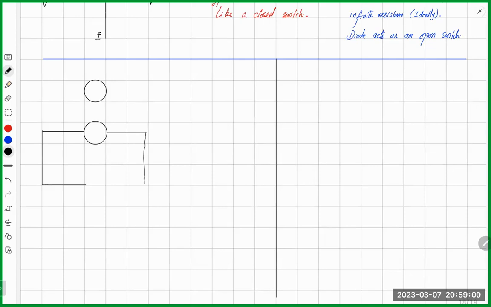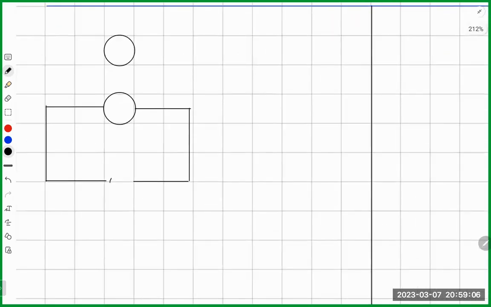The symbol for alternating current is like a wave. So this is a lamp. This is a voltmeter.